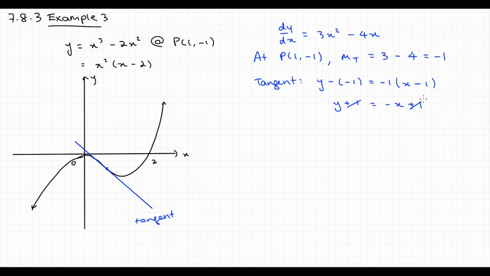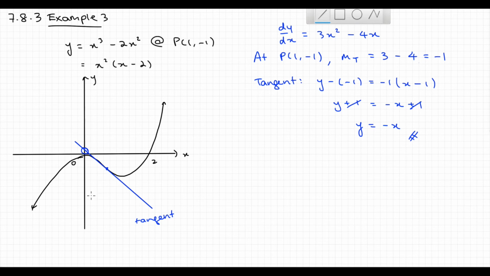Of course, if we cancel the 1s out, then we're left with y equals negative x as the equation of the tangent. We can see on my diagram here that the tangent which I drew is a little bit off, because y equals negative x obviously has to pass through the origin. But then again, I didn't really sketch this graph to scale. It's nothing more than for illustrational purposes, and it's definitely not drawn to scale. So that's how we look for the equation of the tangent.